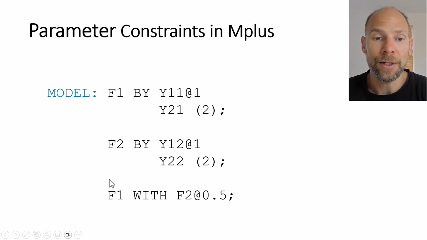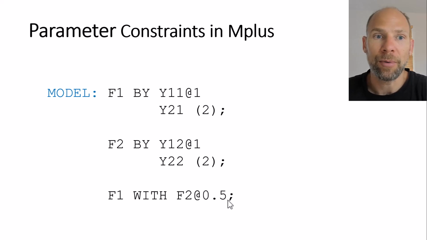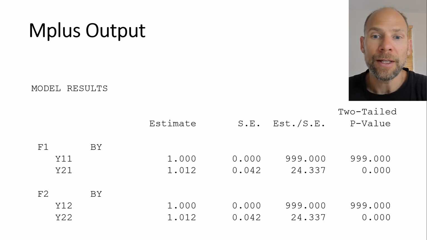And then also you can see I have a command here for the covariance f1 with f2, and this was fixed to 0.5 for this example. So this would allow me to test the constraint that the covariance between f1 and f2 is 0.5 in the population. Now, in terms of the output, what is important to know is that a fixed parameter has no standard error.